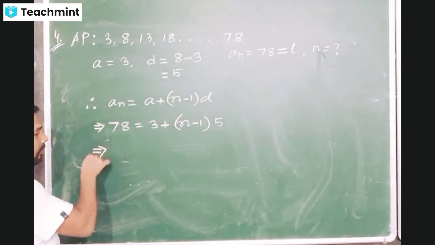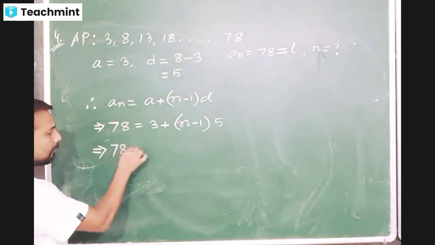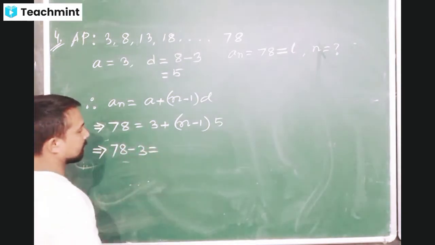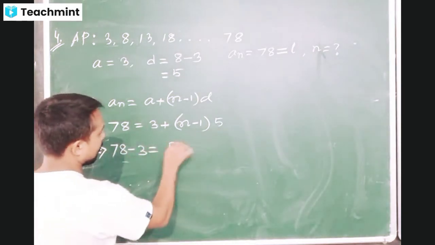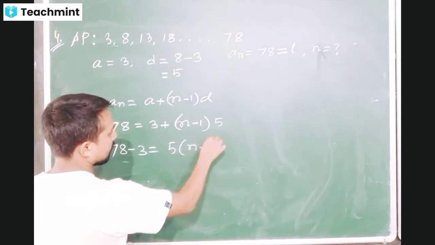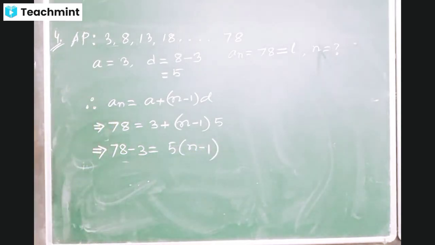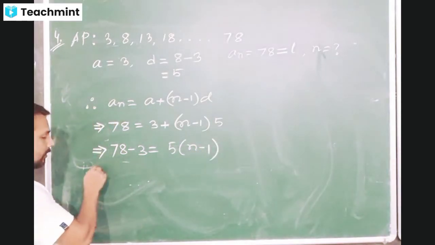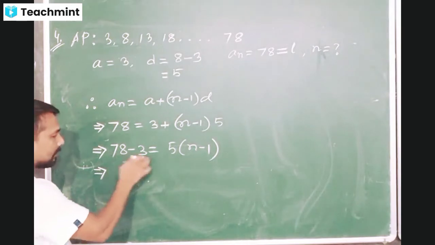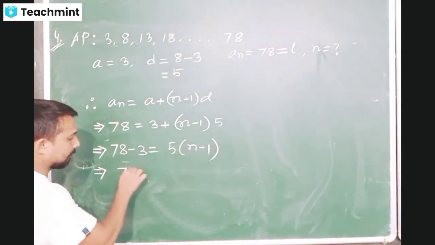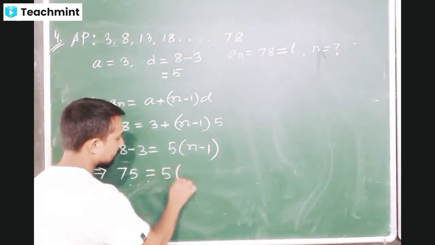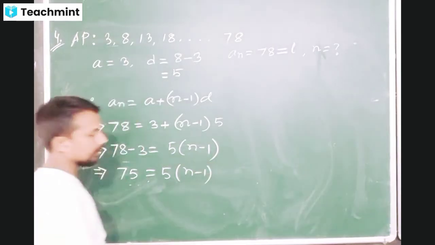Now 78 minus 3, 75, equals 5 into n minus 1.